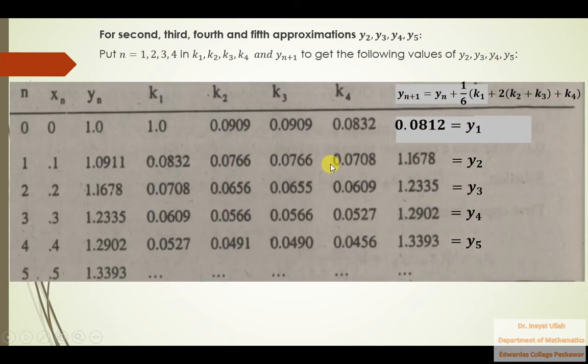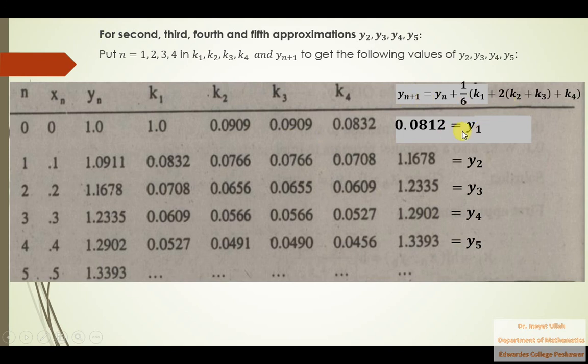If you look at here, we have written the values of n up to 5, the values of x, x0, x1, x2, x3, x4, x5, and this is y1, y2, y3, y4, y5, y6. These are the values for k's, k2, k3, k4, and the last value is yn plus 1.